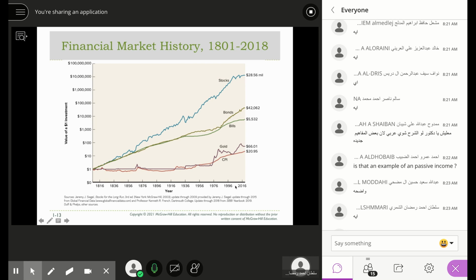It will go up to 28.56 million dollars in 2016, whereas for bonds, for instance, it will go up by 42,000. The main reason why we have this huge gap, and we are taking this into the extreme just to show the concept, is because of the difference in risk.